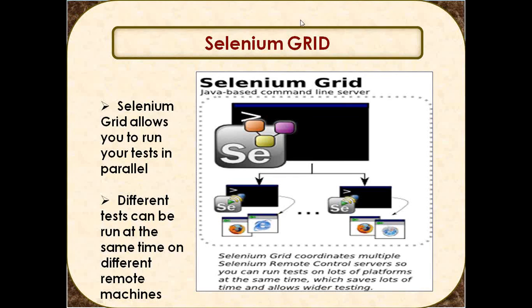Say the big box here is a hub, and let's assume this is a Windows machine and this is my Linux machine. I can run the same test case in two different machines at the same time. So that means I can do it in parallel. Or else, if I have 100 test cases, I can distribute those test cases, 50 test cases in one machine, another 50 in another machine. That is also possible using Selenium Grid.